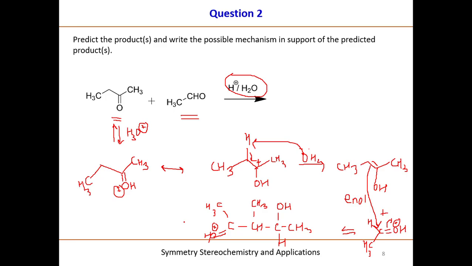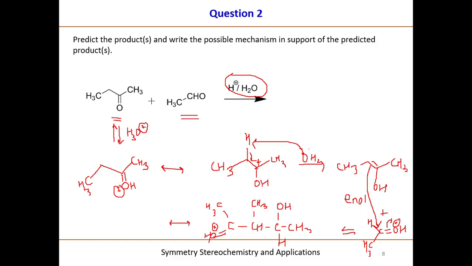So this is a resonance stabilized structure of this molecule. Now it will undergo a third step where deprotonation of intermediate will take place.